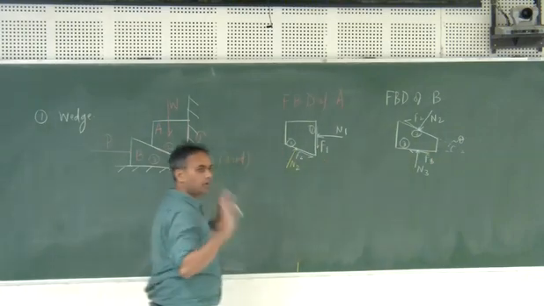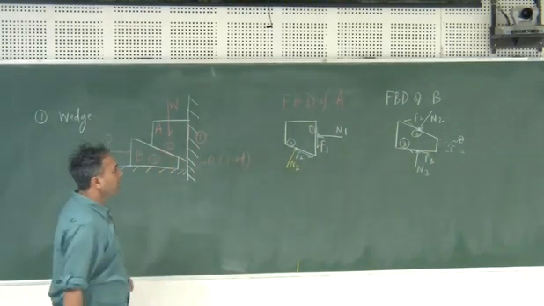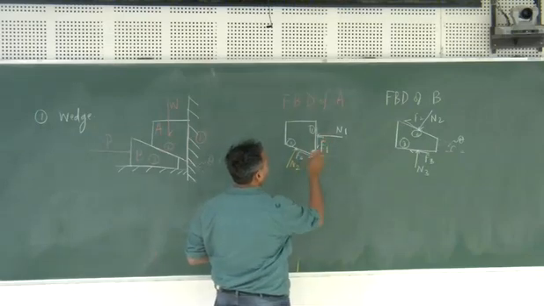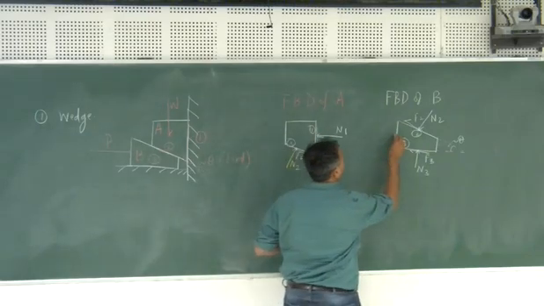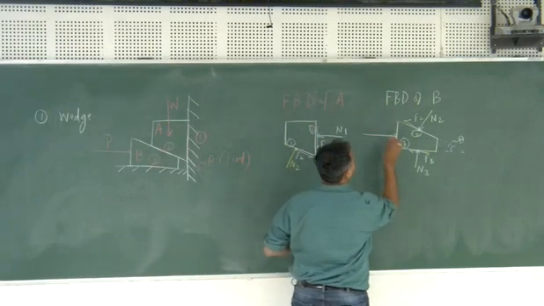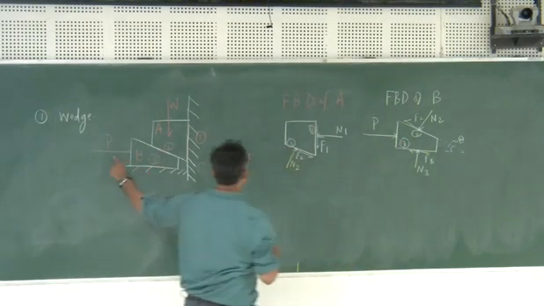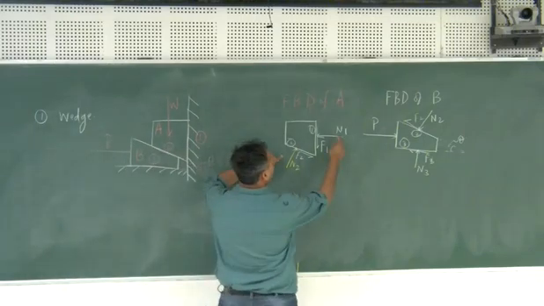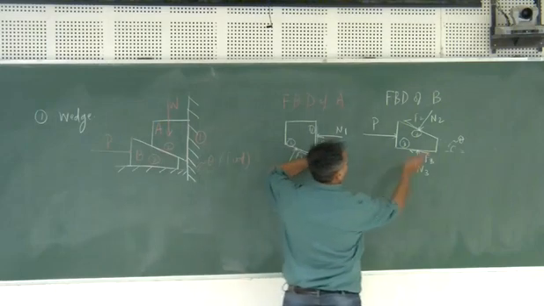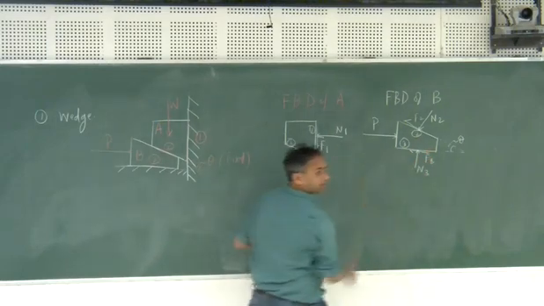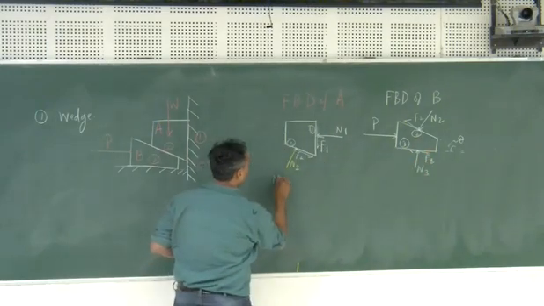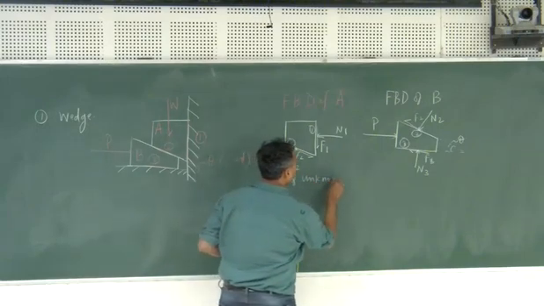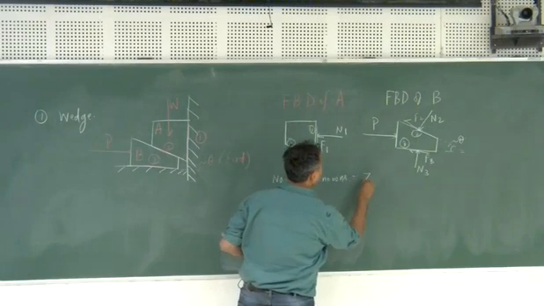Theta is known. And this is also an unknown that you are applying, which has to be found. So the number of unknowns is 1, 2, 3, 4, 5, 6, and 7.